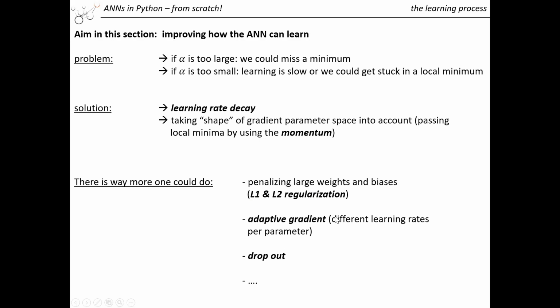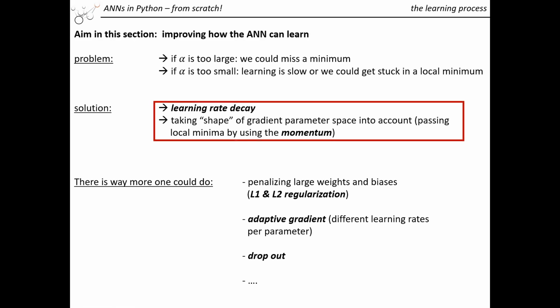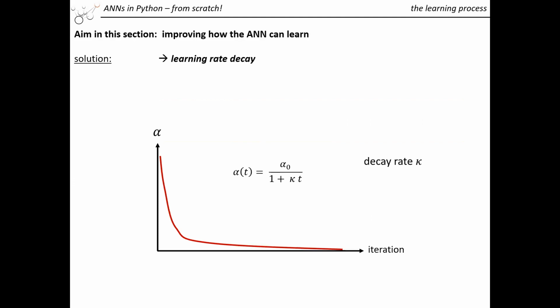We can have different learning rates for the different learning parameters, and there are many other things. If you just Google for that, there are other ways to do that. So we want to focus on these two possibilities to improve the training/learning process.